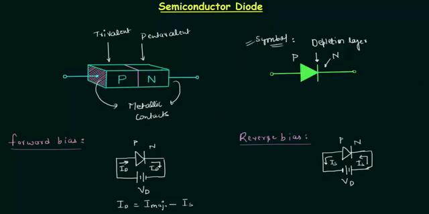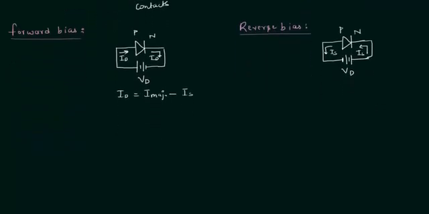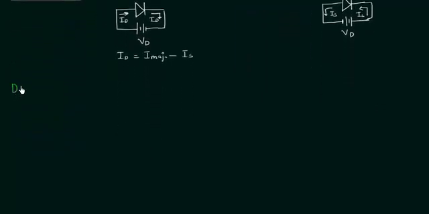Now we will move to the diode current and diode voltage relation. This is a very important expression.